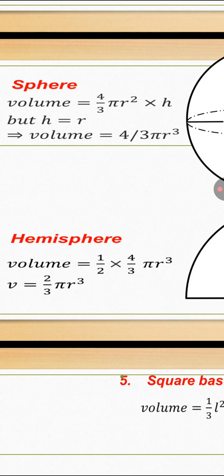So take note, because the height that we have to multiply is the same as the radius of the circle or of the sphere or the football. Let's use that as a typical example. Like I've told you, if you put a football on the ground, only about 1/3 of it will lie on the floor. The rest is out. So use that as a basis to also remember this formula.